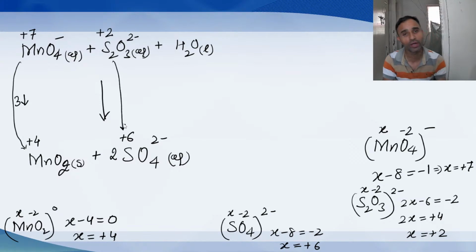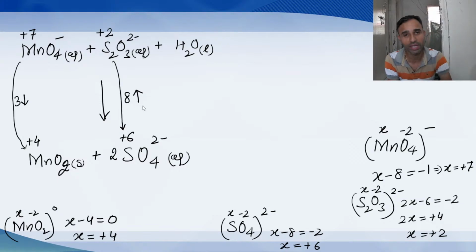In case of sulfur, plus 2 to plus 6, an increase of 4 per sulfur, but there are 2 sulfurs. So the total increase in oxidation number is 8.